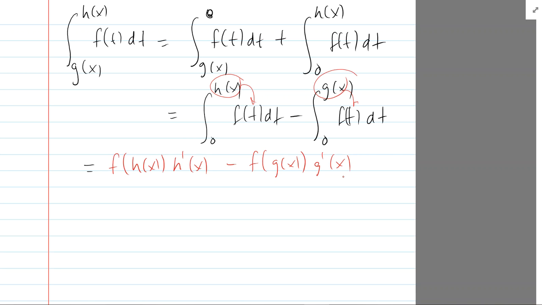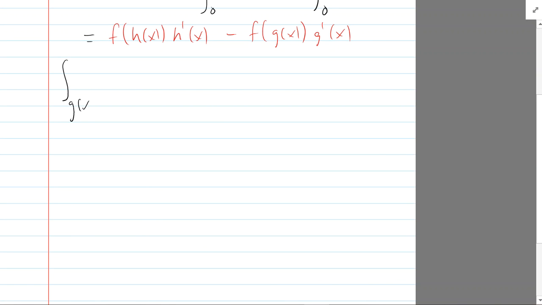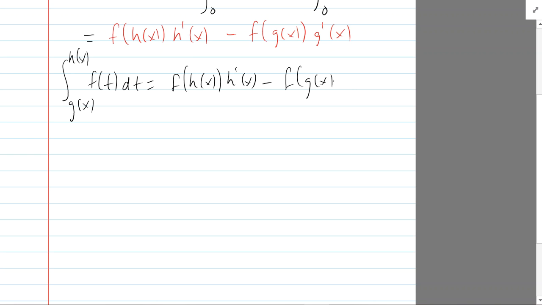So do you just need to memorize how to do that? If you want to memorize the formula, you can, or you can just remember the technique. I'm going to write out the formula again if you want to memorize it. The integral from g of x to h of x of f of t dt equals f of h of x, the upper limit, times the derivative of the upper limit, minus f of g of x times g prime of x, which is the lower limit.